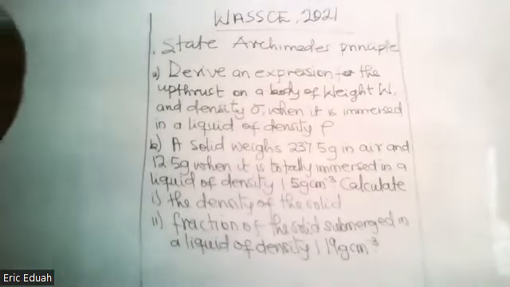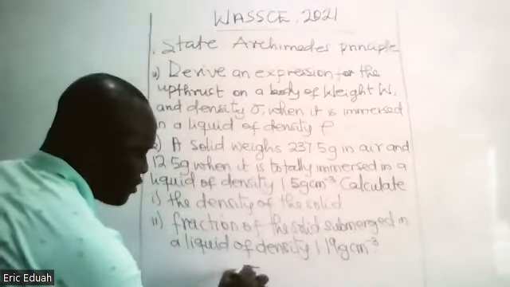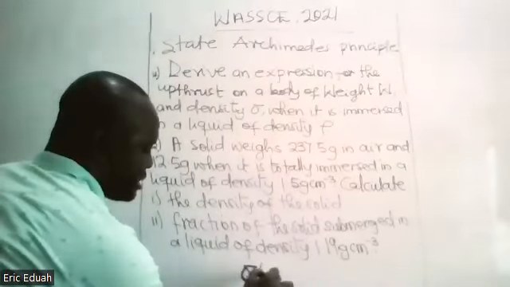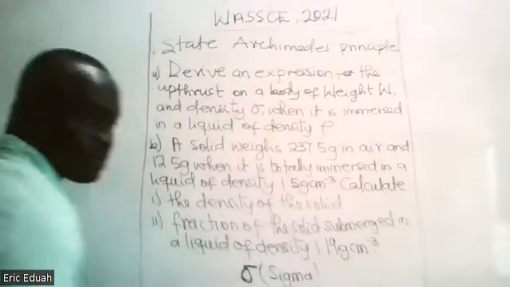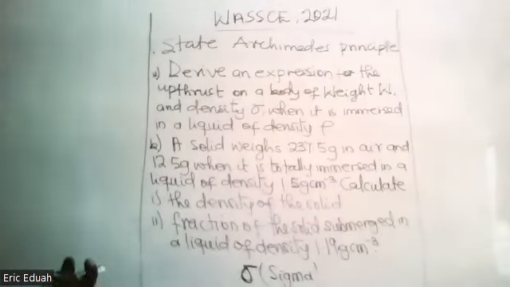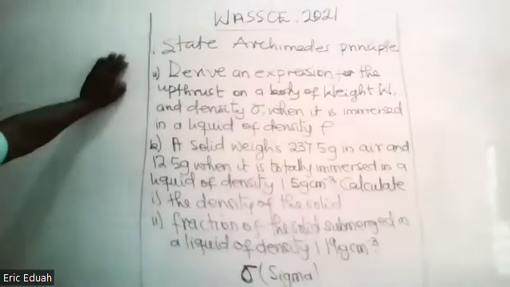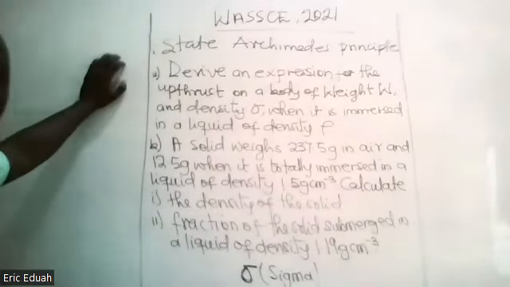This symbol is what we are calling sigma. It is a Greek letter, and the name is sigma. So the body has a weight of W and has a density sigma when it is immersed in a liquid of density rho.